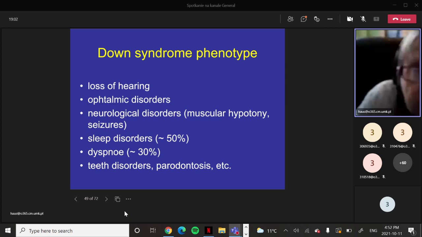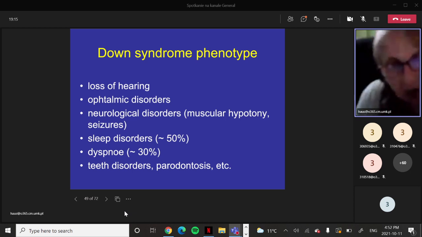It is not directly linked to a mutation of a gene or an additional copy of a gene located on chromosome 21, so I cannot explain the mechanism of this.